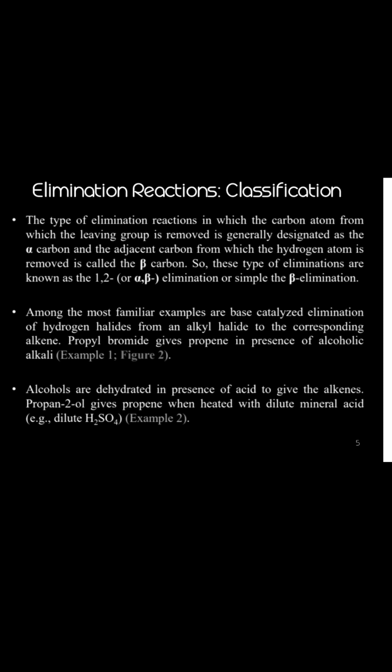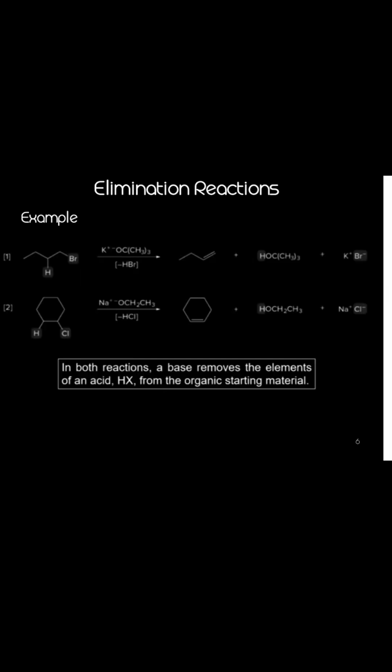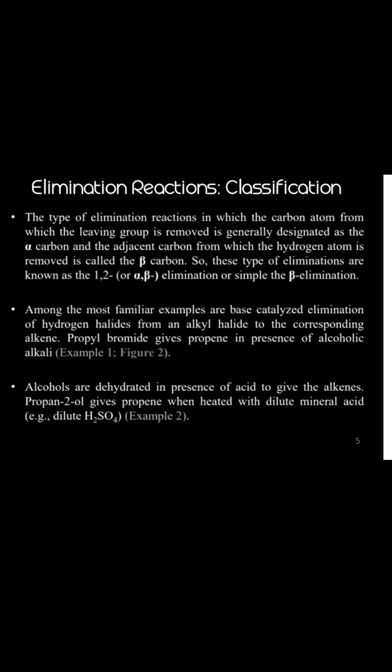For example, propan-2-ol gives propene when heated with dilute mineral acid. Here alcohol is converted into alkene in the presence of acid, that may be an acid with low pH or a strong acid. In the first example, the alkyl halide with H and Br is converted into alkene by the loss of the leaving groups, in the presence of alcoholic alkali.